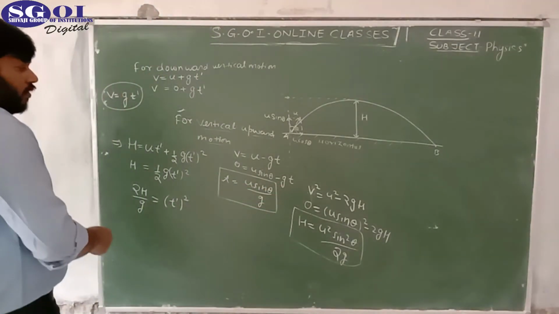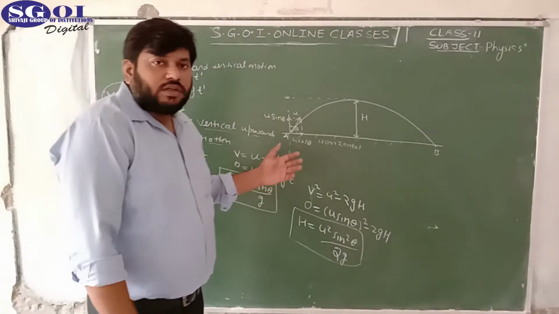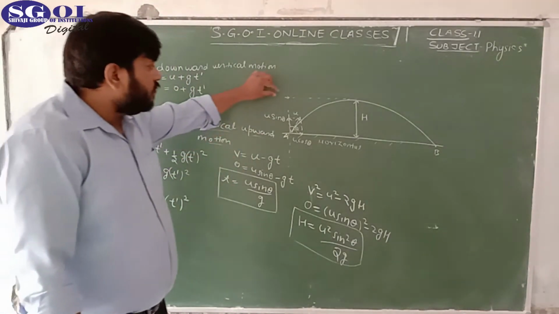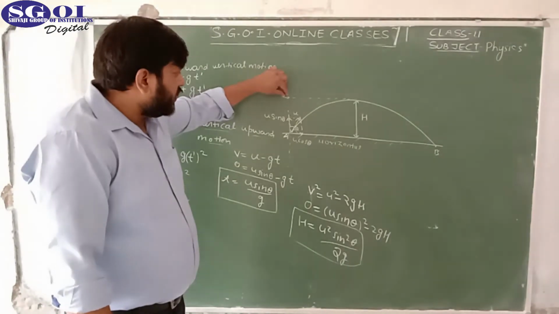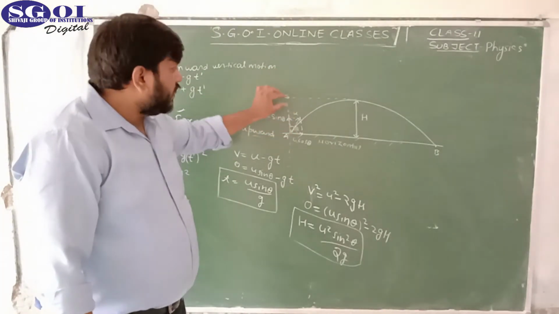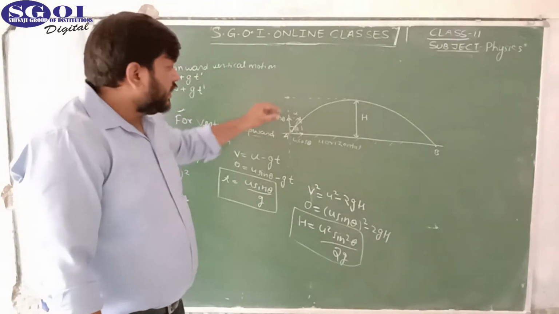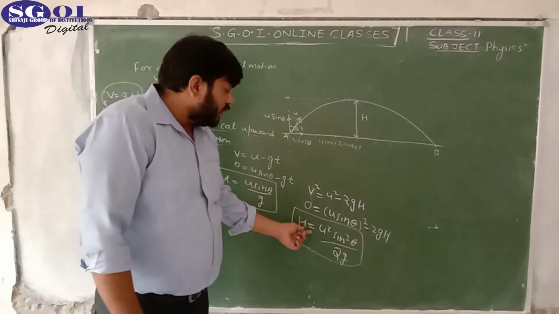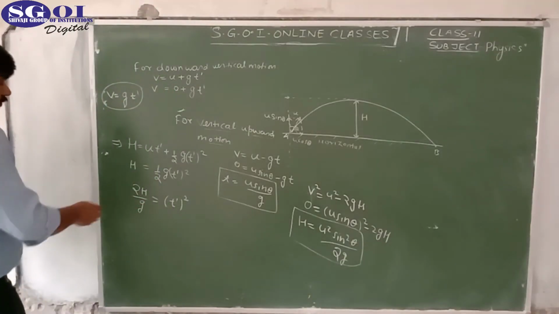Now I will solve for the time which the object takes when it comes down again due to gravity after reaching this place. The time which I denoted as t dash is the same as t, so we have to put the value of h here.